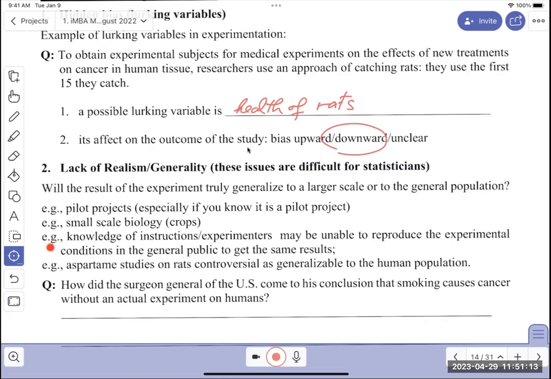So let's say you study something like Alzheimer's medication, but you do it under conditions where the patients are actually in a care home and their medication is being administered to them. Well, that's different than having somebody in their own home with their family caring for them and ensuring that they're getting their medications on time.